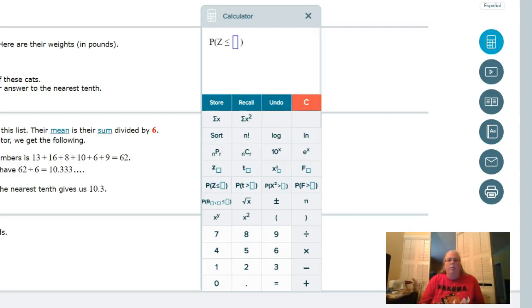We want the probability of negative 1.7678. Enter. And there it is. We got 0.0385 if we round that to 4 decimal places.